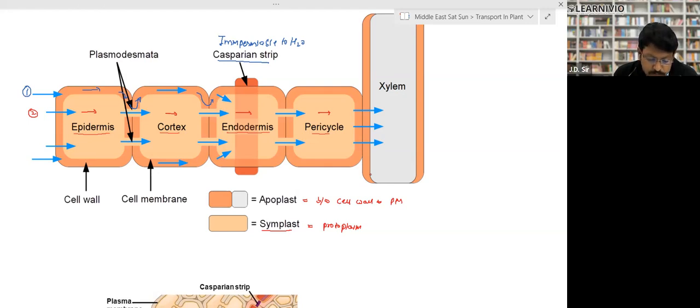Full stop. The pathway provides least resistance to movement of water. Let's stop. This is called the apoplastic pathway.